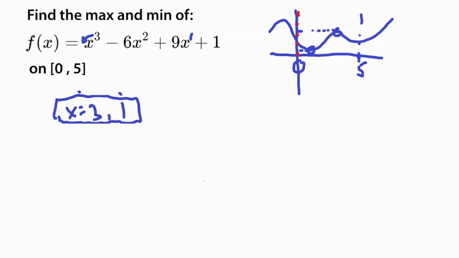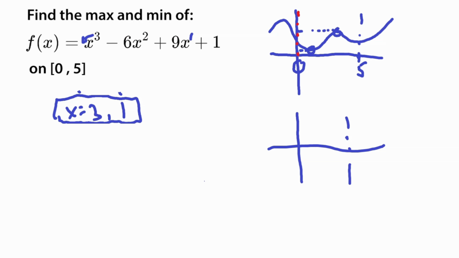It is also important to note that when finding the maximum and minimum on a certain interval, we also want to plug in the endpoints, because they could be the maximum and minimum on the interval.